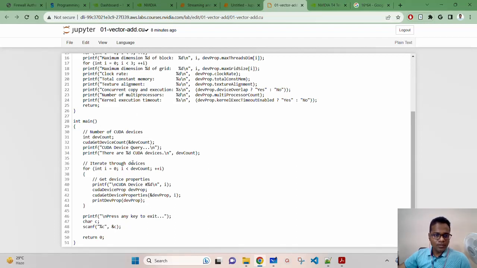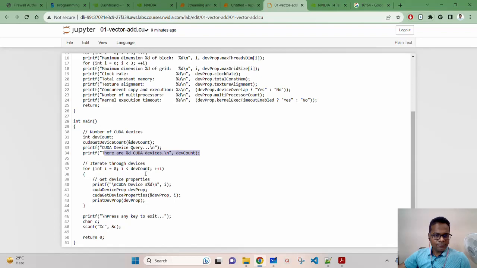Here, first of all, I'm defining a device count variable to get how many GPUs are present in this system. As of now we have only one, so it will return the count 1. After that, I'm printing a simple message with the number of devices present.